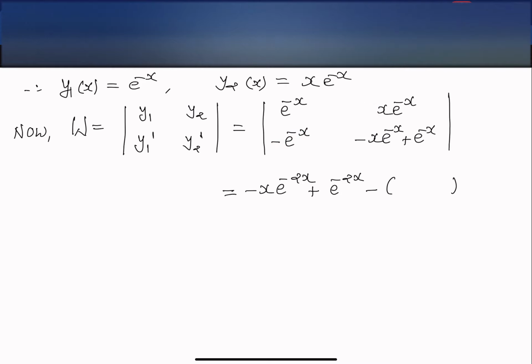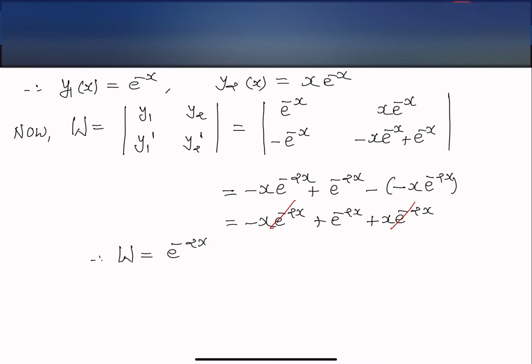Right. So it is minus x e raised to minus 2x. So this is equal to minus x e raised to minus 2x plus e raised to minus 2x minus minus plus x e raised to minus 2x. And so these two will be cancelled out, and therefore Wronskian is equal to e raised to minus 2x.